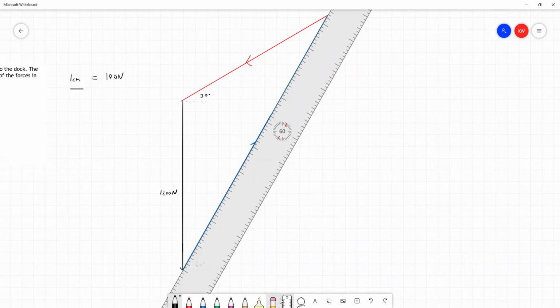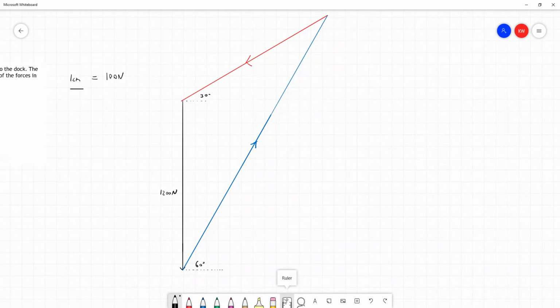I'll say 20.7 centimeters. And again, if you're doing this on paper, I'm sure you can get a better read than me. But if we're saying that's 20.7 centimeters, well, that means if it's 100 newtons, this will be 2070 newtons. And that's about the level of accuracy we can get to, to a millimetre, a tenth of a centimetre.